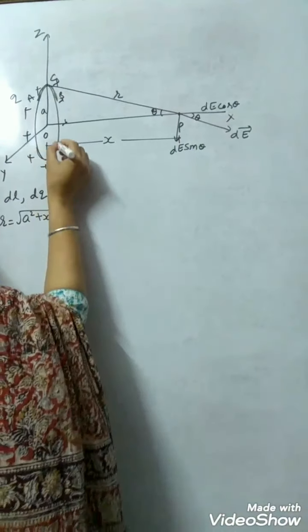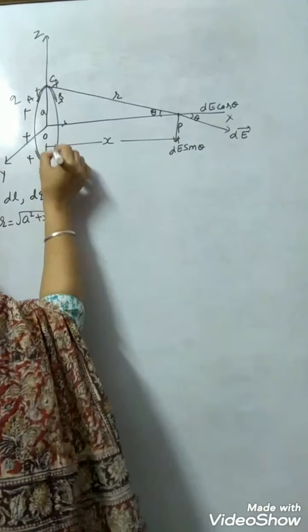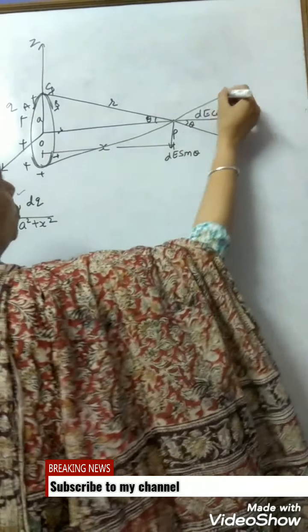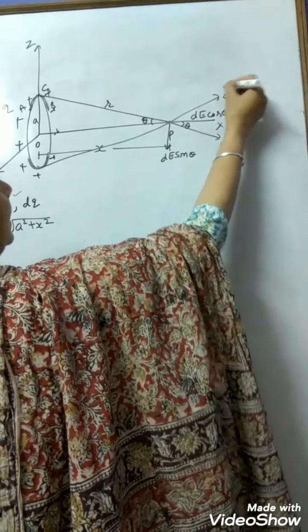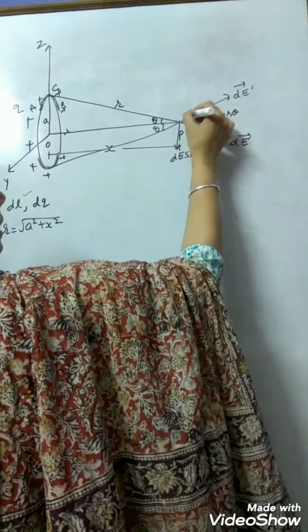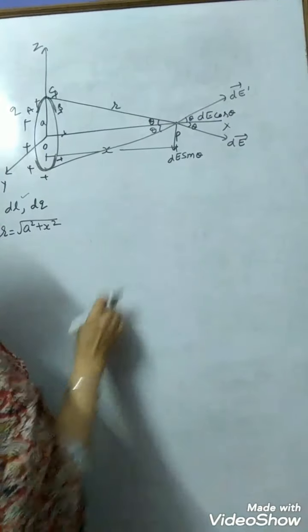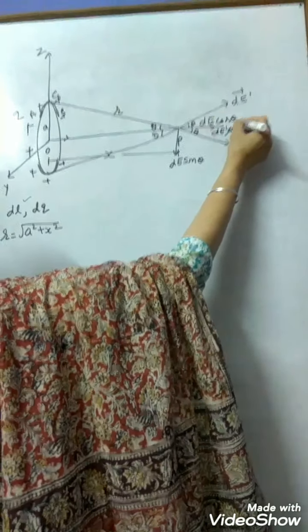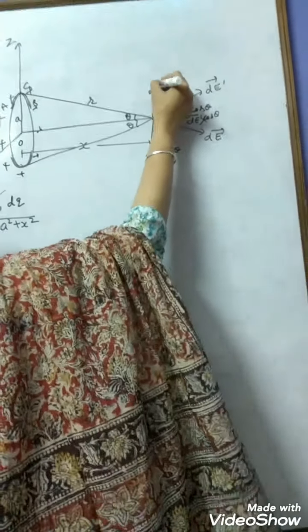If we have a diametrically opposite element of the same length, then the electric field due to it is dE dash vector, at angle theta, and this is also resolved into dE dash cos theta and dE dash sin theta.